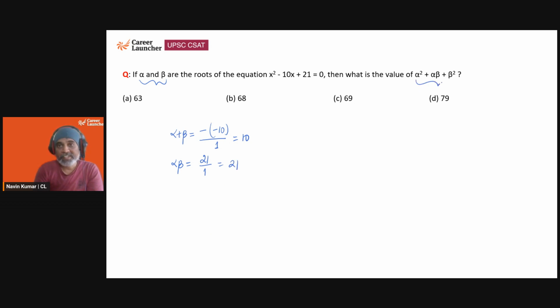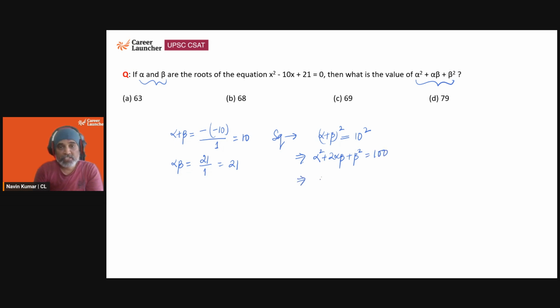Now, in order to get here, what we can do is, if we square this equation, we will be getting alpha plus beta whole square, that is equal to 10 square. The LHS will give us alpha square plus twice alpha beta plus beta square, and our RHS is going to be 100.